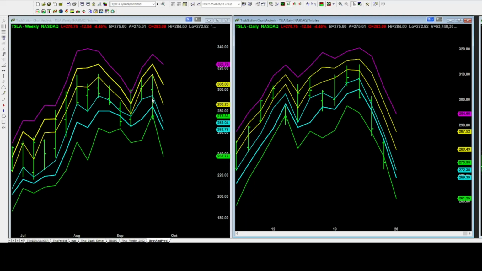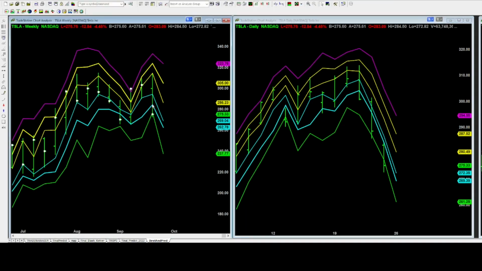I also mentioned in video number 100 the worst scenario: if this predicted price doesn't hold, it could drop to this band, to this trend line, that's $284.